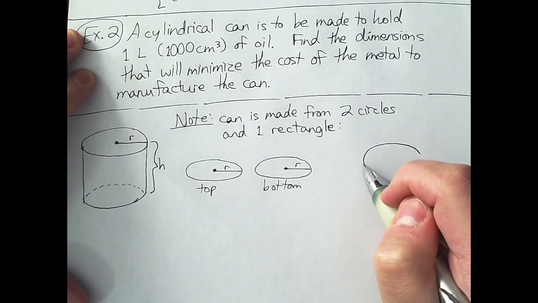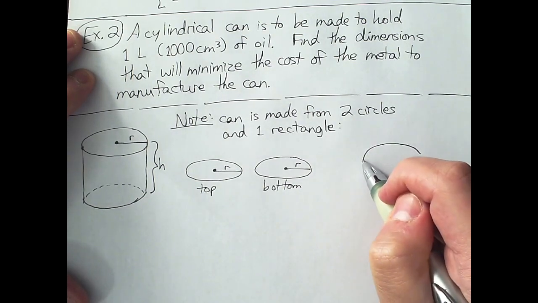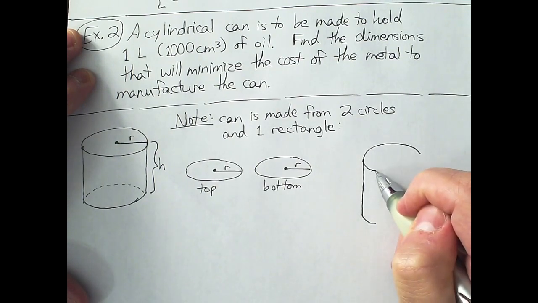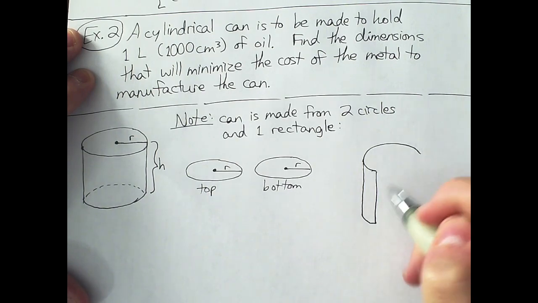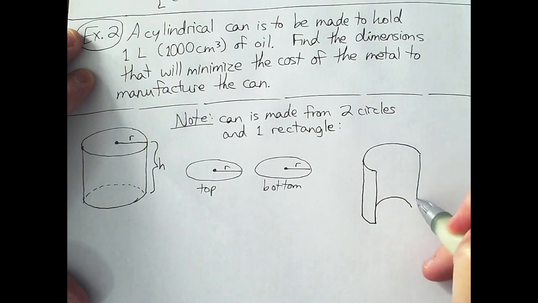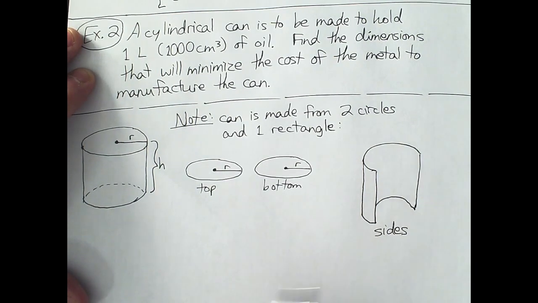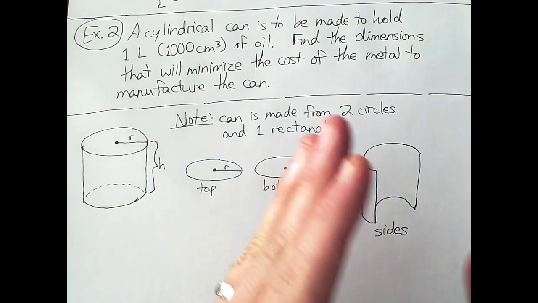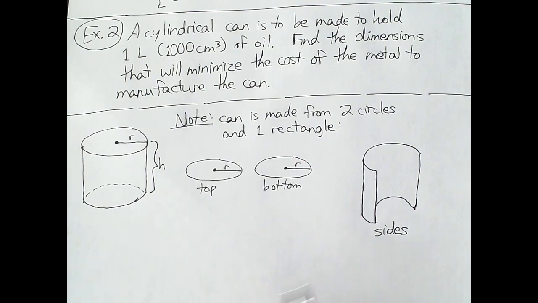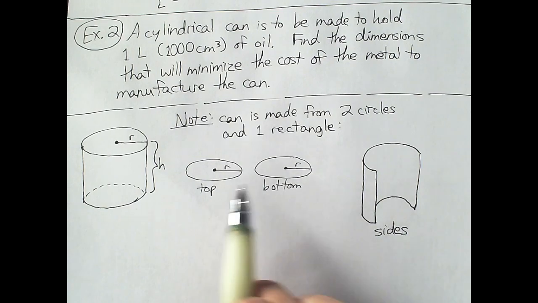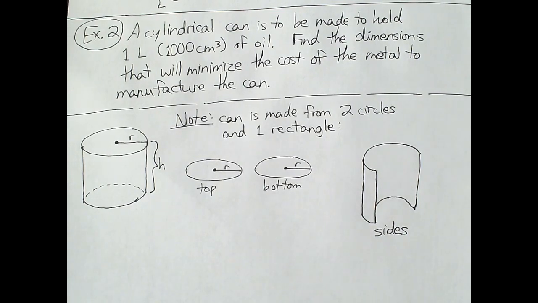Drawing three-dimensional pictures is always tricky, so give me a second here. All right, so let's say these are the sides, like the unwrapped cylinder, that if you were to close this up, you would get the cylindrical can, and the sides plus the top plus the bottom equals the entire can.